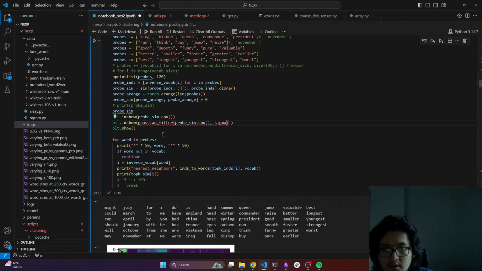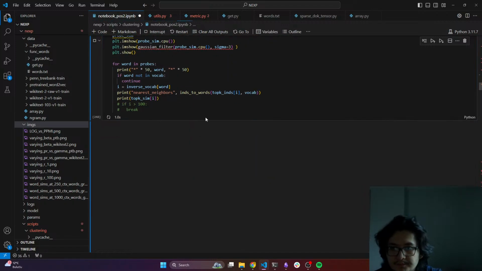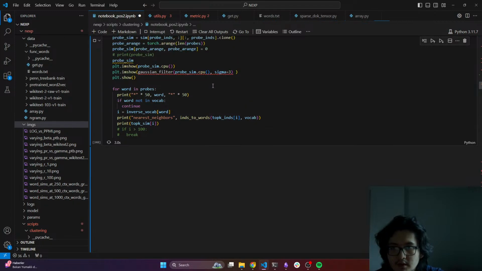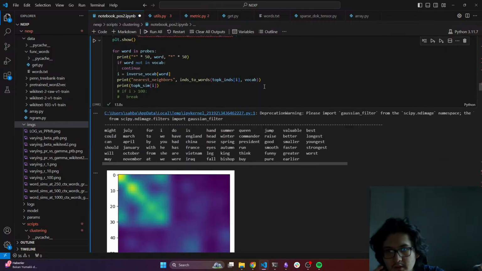Sigma. Let's do it 3. What is it doing? Does it really take that long to do a Gaussian filter? Okay, right, this is too much.